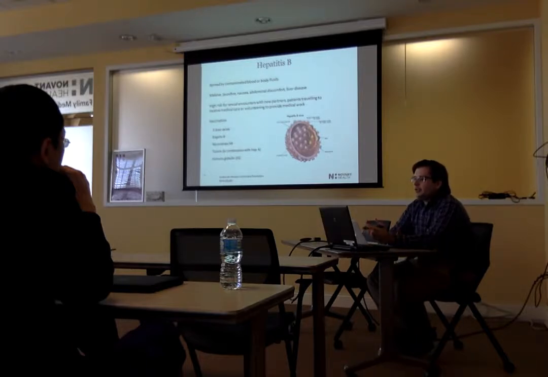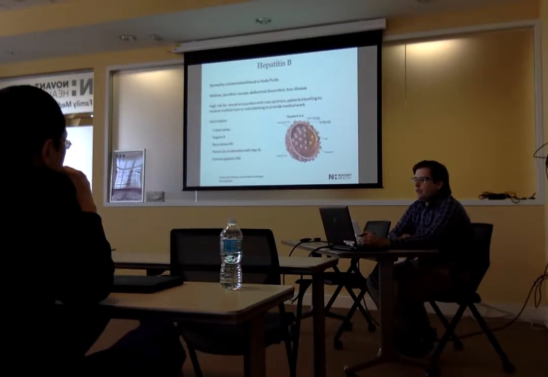Patients at high risk are having sexual encounters with new partners, traveling to receive medical care, volunteering to provide medical work in foreign countries. And then the vaccination for Hep B, 3-dose series, either the Engerix-B, Recombivax, or that Twinrix combination. And then the immunoglobulin is available as well.